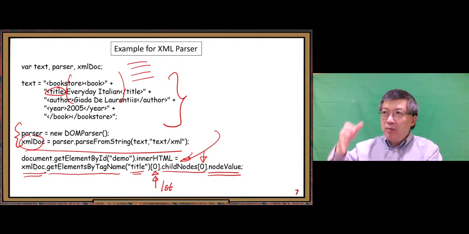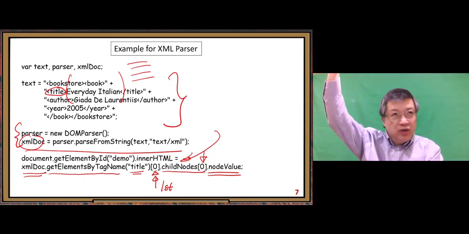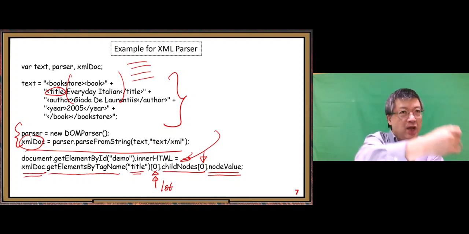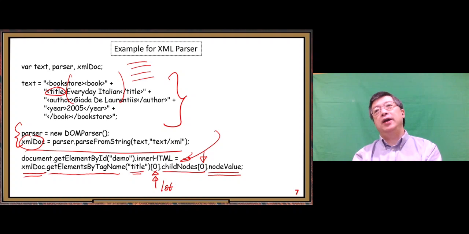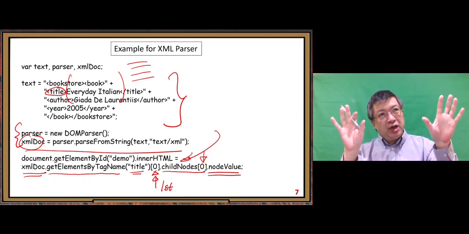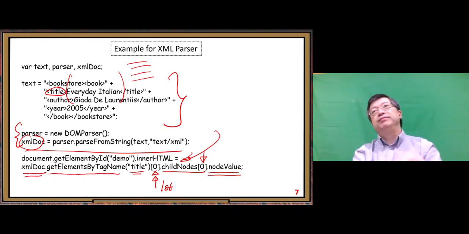The XML DOM object is a tree, so we need to traverse it. All right, that's pretty much the basic knowledge about XML.